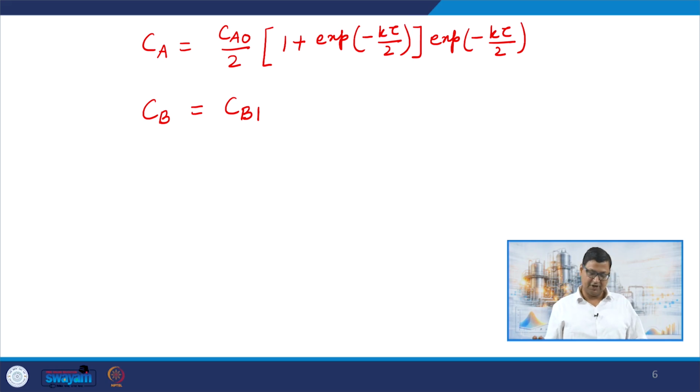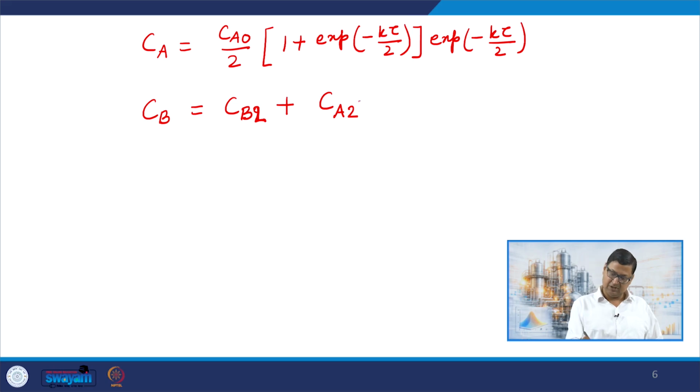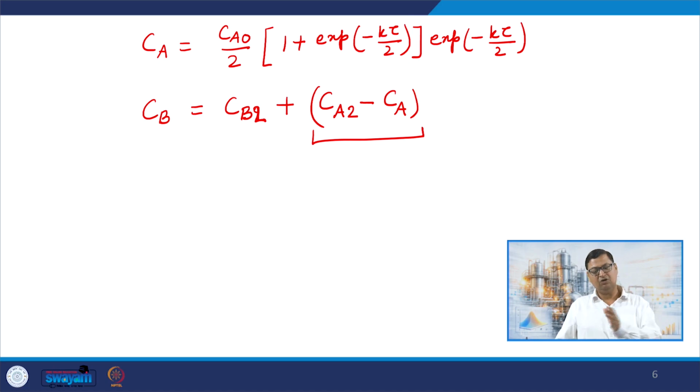So, this is going to be Cb2 here, that is the concentration of B after addition of feed solution, plus whatever Ca2 that we had at time tau by 2 minus the Ca, that is the amount of A that is converted in time tau by 2 to tau. So, this is what we have to essentially add up in order to get the concentration of B at time tau. So, let us do that.